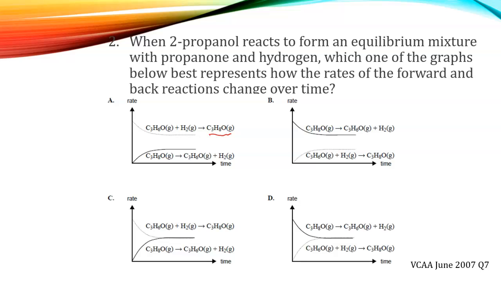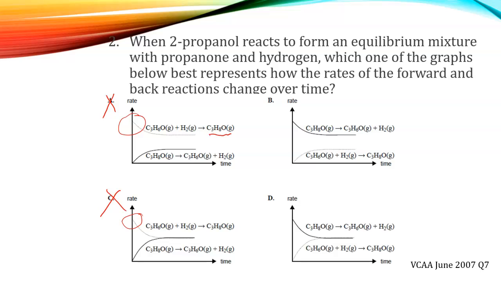So the forward reaction has to start with propanol, and the backward reaction is turning the propanone and the hydrogen into propanol. So we want lots of the reactant present at the beginning. So that means that A and C are out because they're starting with lots of the products at the beginning.